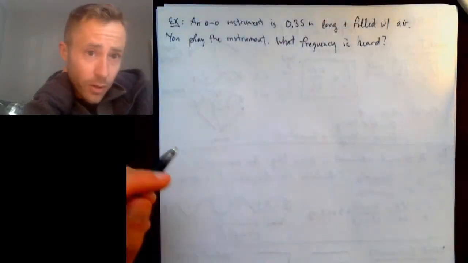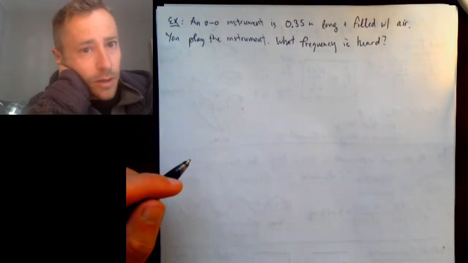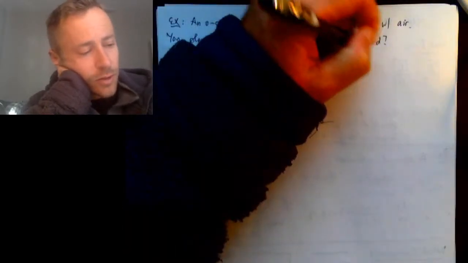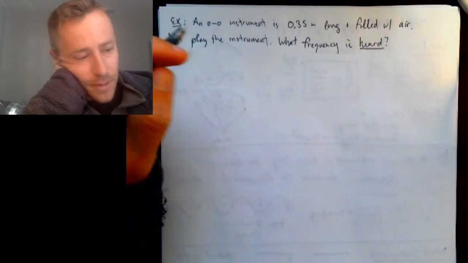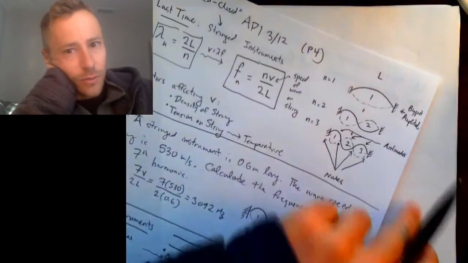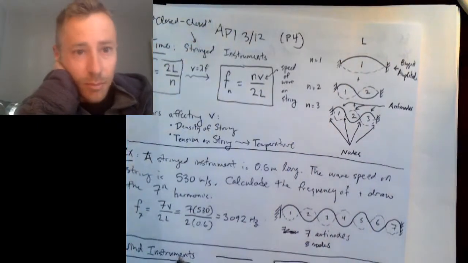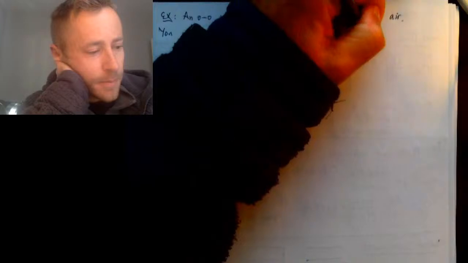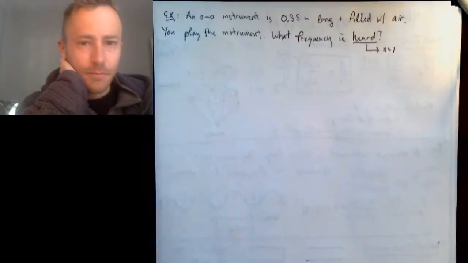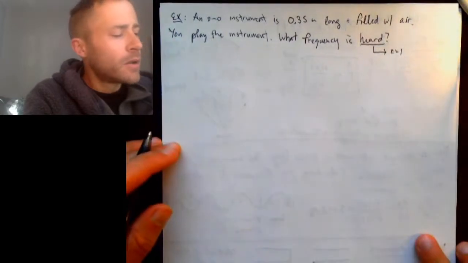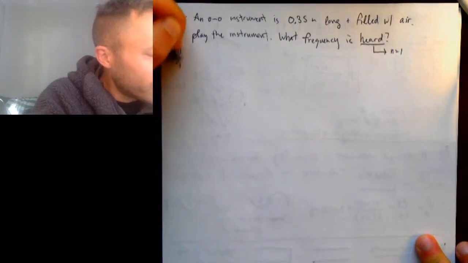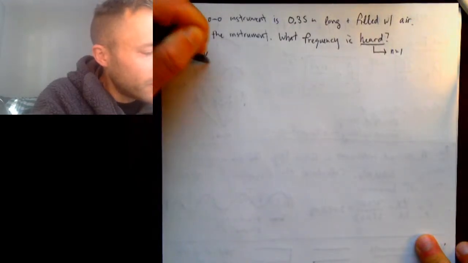Okay, so first of all, because I didn't specify a harmonic number, I said what frequency is heard. So the fact that I'm asking that, as I said, it is the first harmonic that usually has the biggest amplitude. So in the absence of more information, we're just going to assume that you hear the first harmonic. Okay? So n equals 1. So what you would do then is you would say the frequency of the first harmonic is 1 times v over 2L.